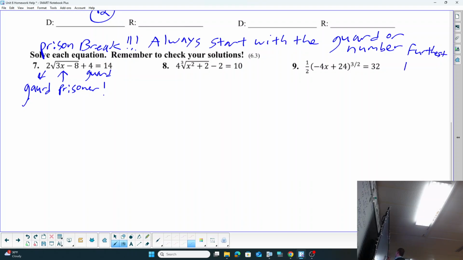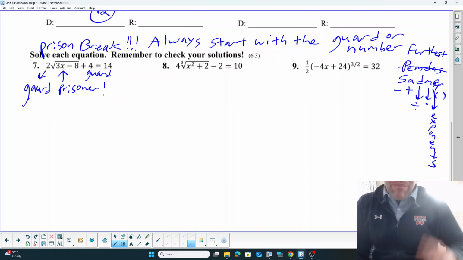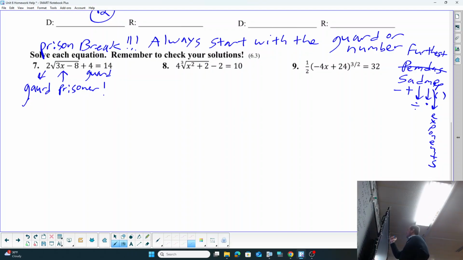I just mean like PEMDAS, but not PEMDAS, SADMAP. SADMAP means to do subtraction and addition first, then division and multiplication, and then exponents and parentheses. It's PEMDAS backwards. So we're going to start off with this guard because that's the furthest away.